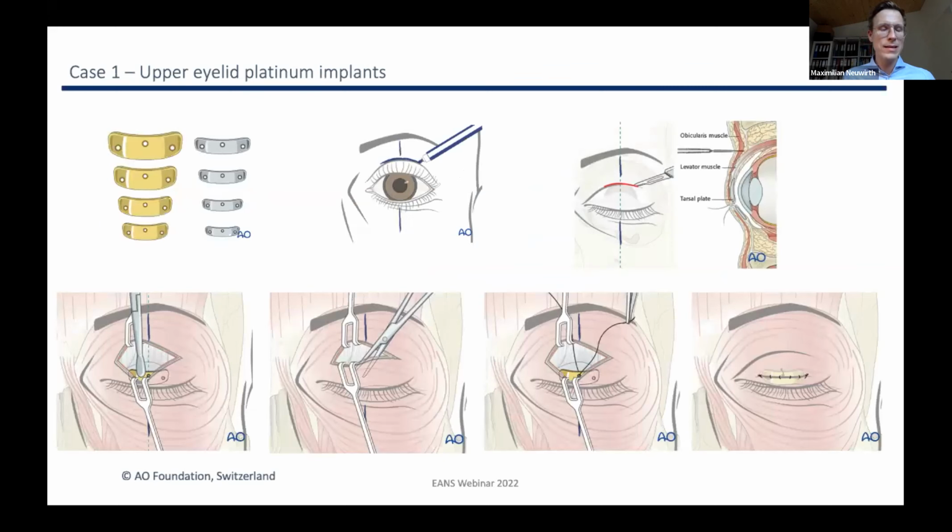For the upper lid, as I told you in my presentation before, most of the time we use upper eyelid platinum implants. In my experience, they work quite well. I don't have a big complication rate with them.